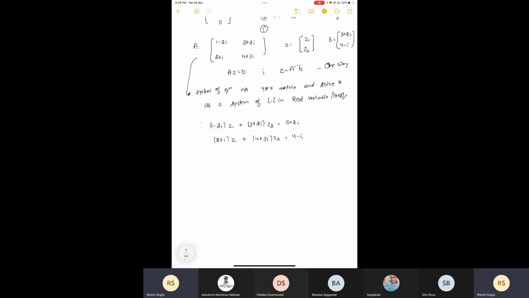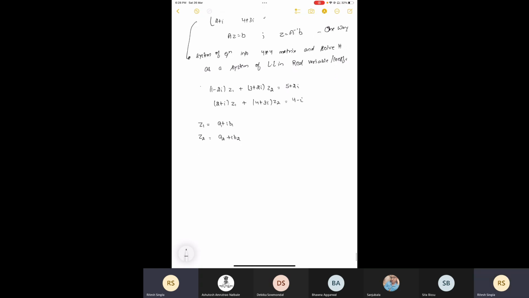Okay, so what we will do is let z1 is equal to a1 plus i b1 and z2 is equal to a2 plus i b2, and substitute it here. So what we will get is (1 minus 2i)(a1 plus i b1) plus (3 plus 2i)(a2 plus i b2) is equal to 5 plus 2i.